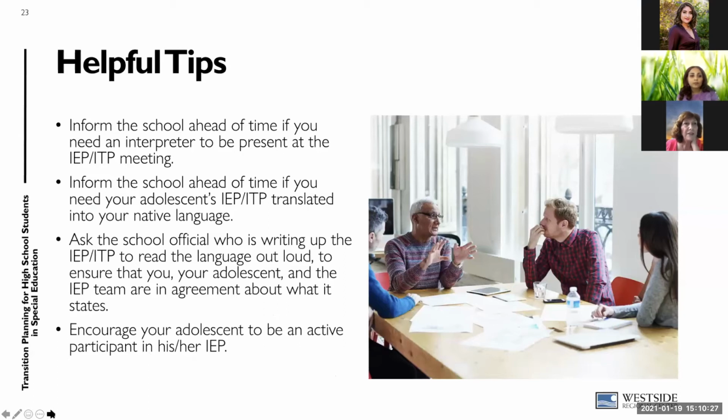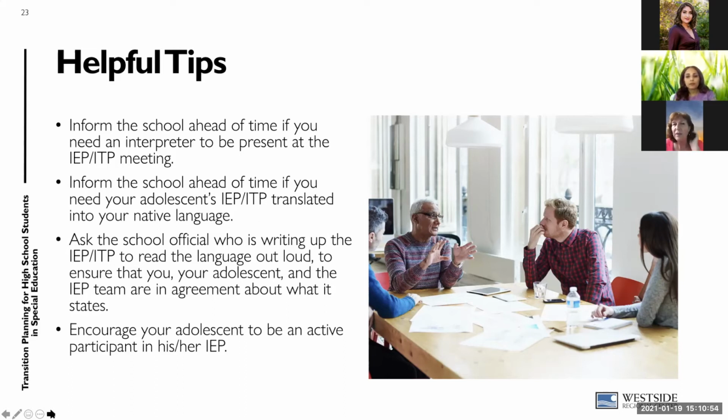So some of the things to think about ahead of time is if you're an English learner, you would want to give the district a lot of time to make sure that there's an interpreter at your IEP, ITP meeting. You want to make sure you let them know ahead of time if the document, the ITP, needs to be translated, because this is all very time consuming.